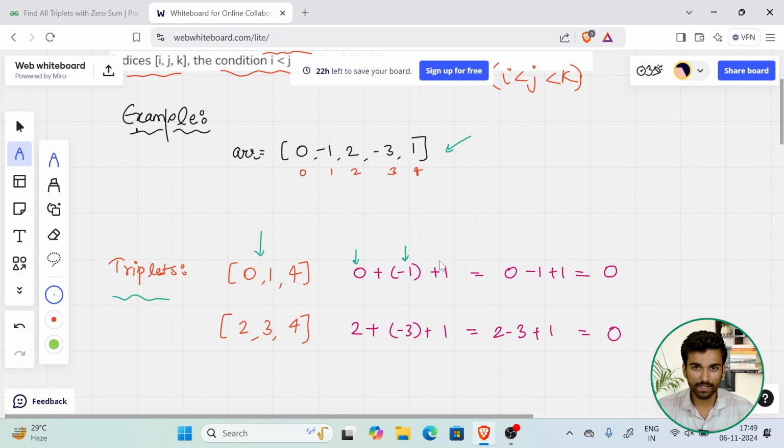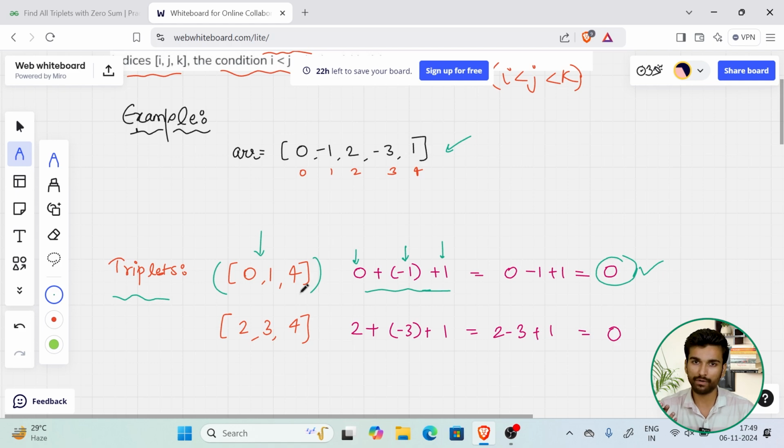So we have written 0 plus -1 plus 1. The sum of these three numbers comes out to be equal to 0. So this is one of the possible triplets of indices: 0, 1, 4.